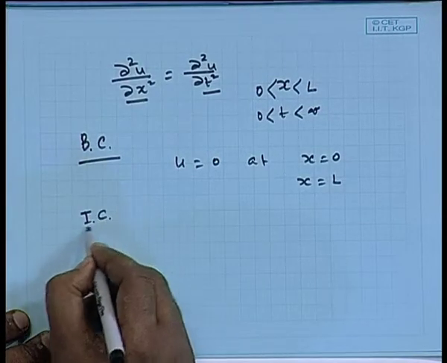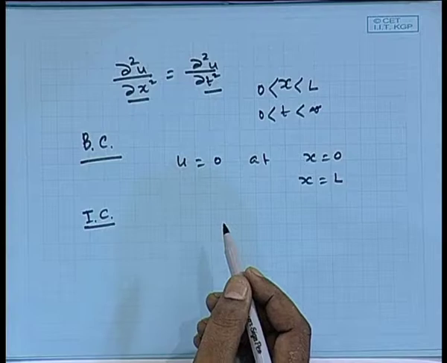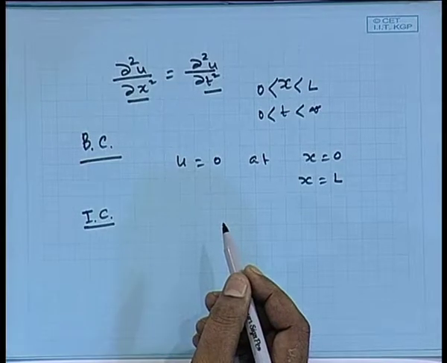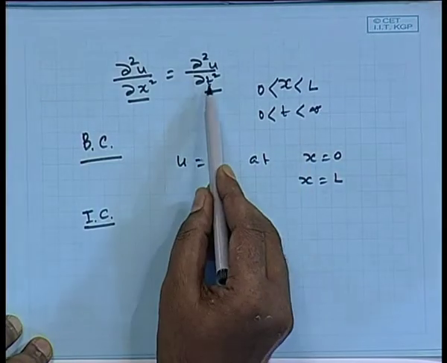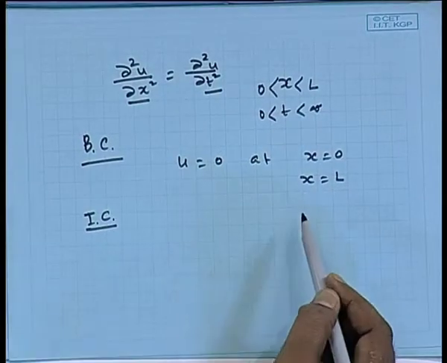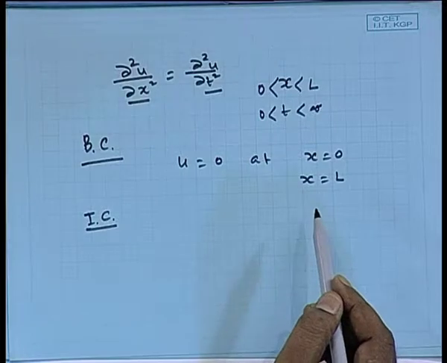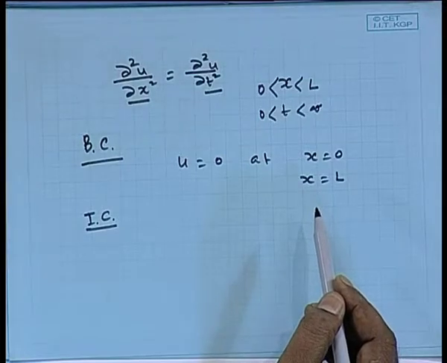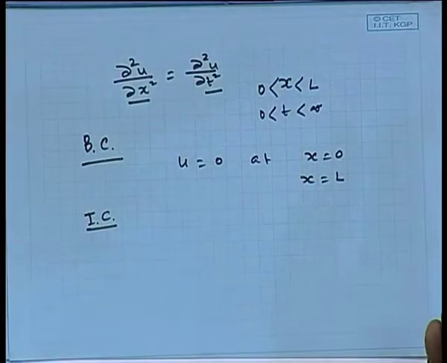Now, whenever you are discussing the initial conditions on time, you must be having two conditions on t. The advantage of boundary conditions is you know the boundary at x equal to 0 and at x equal to L, and what conditions prevail there.